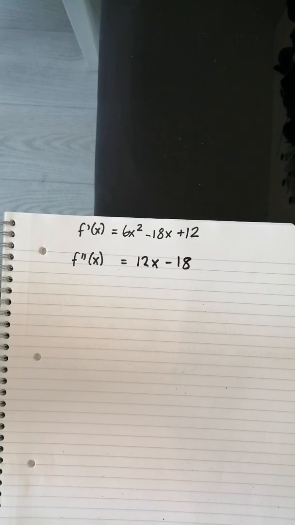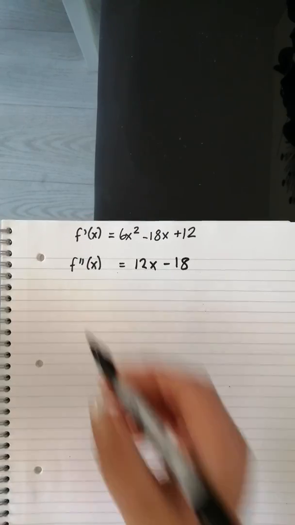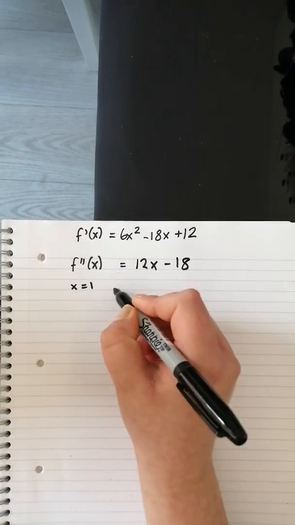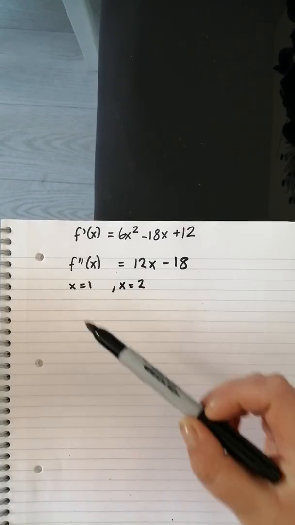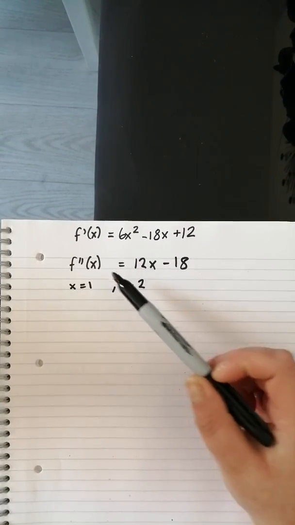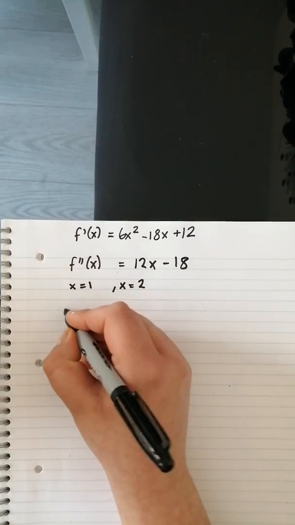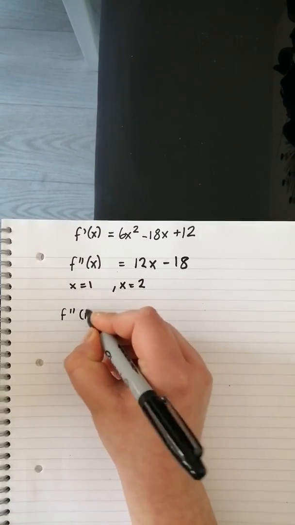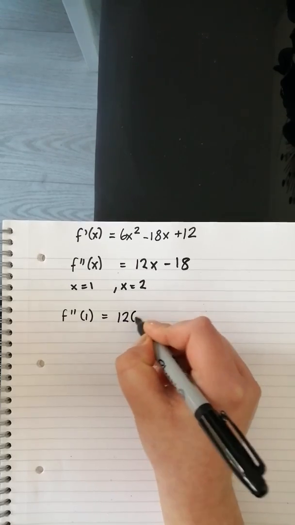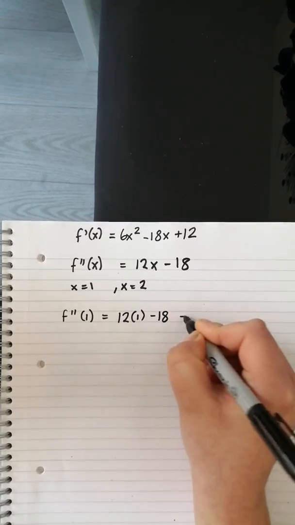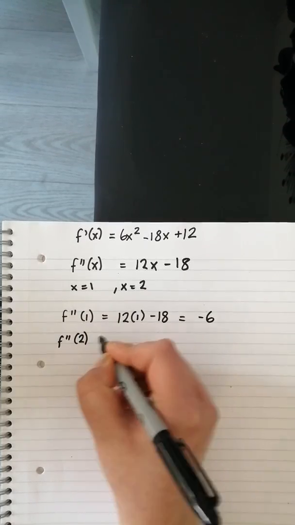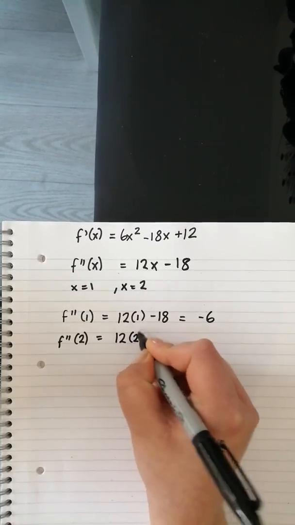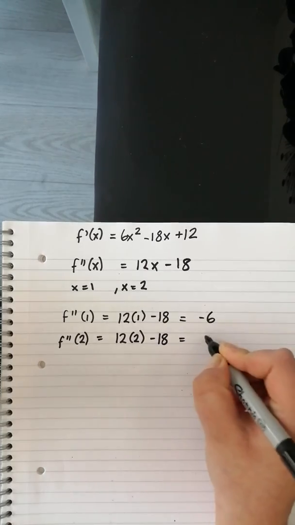We found that x was equal to 1 and x was equal to 2 previously, so substitute these into f double prime of x. Here f double prime of 1 is 12 times 1 minus 18, which is equal to minus 6. And f double prime of 2 is 12 times 2 minus 18, which is equal to plus 6.